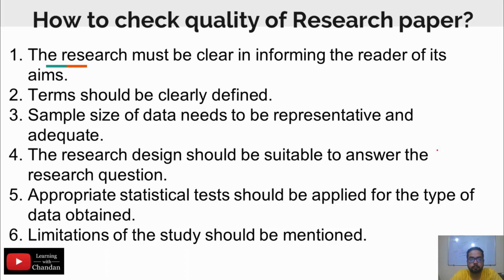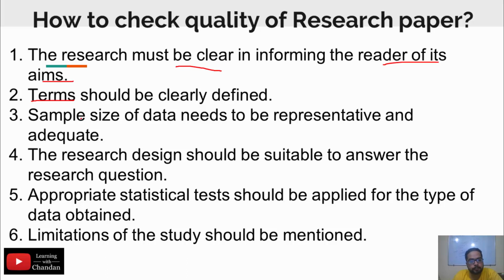Now somebody also asked me how to check the quality of a research paper. Very good question. A research paper should be clear in telling the aims of the work to the reader. Terms should be explained in a very nice way, even if you are using some common terms, some kind of explanation should be given.